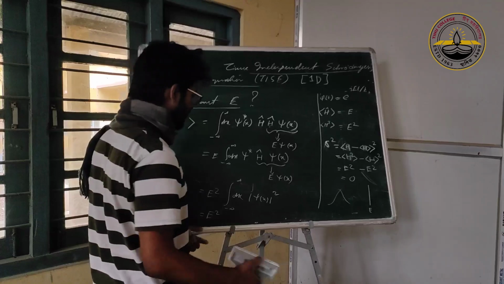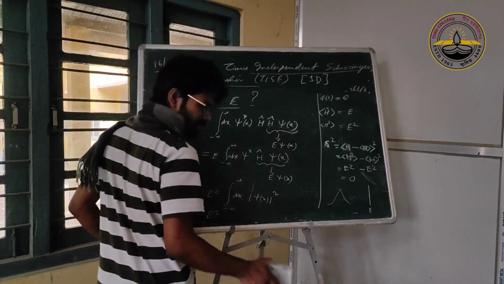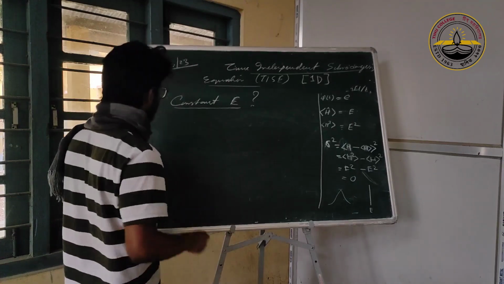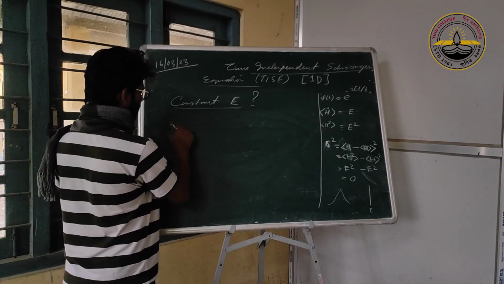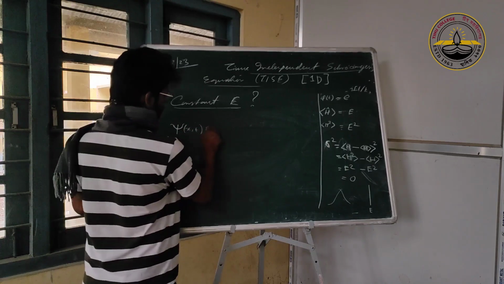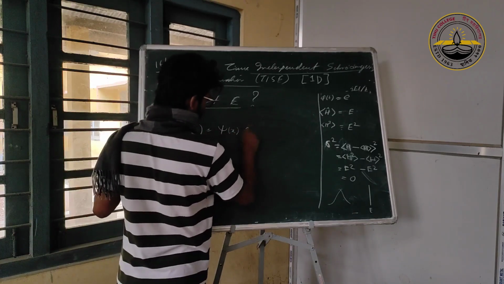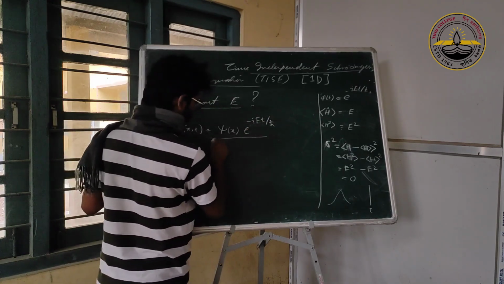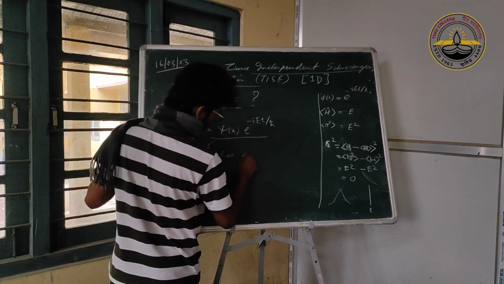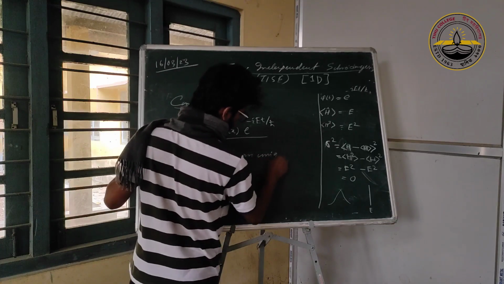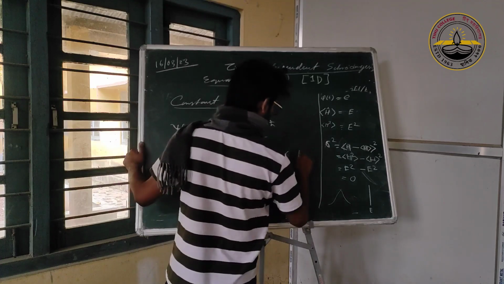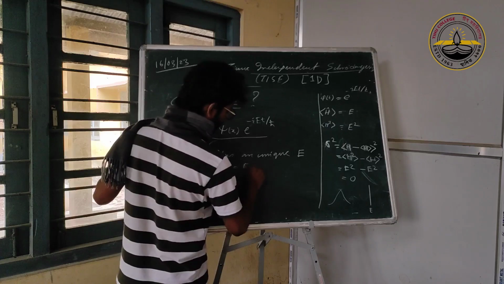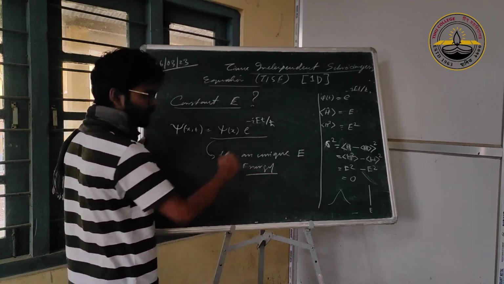So every stationary state, given by psi x e to the power minus i E t by h cross, has a unique E, and this E turns out to be energy, because we just proved it.